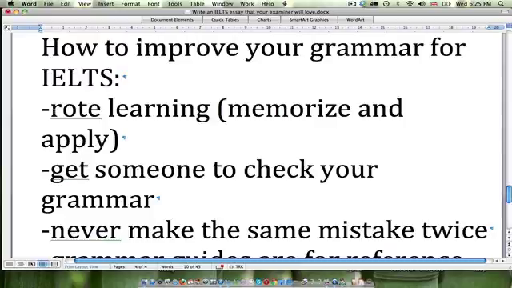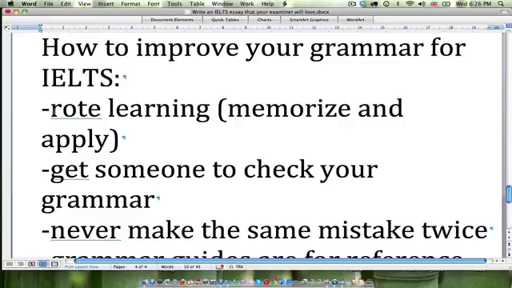And what I mean by this is you should be reading Band 9 essays and memorizing the punctuation, memorizing the grammatical forms, memorizing the vocabulary that's used and how it's used, and what kind of words are used. Memorizing the way that the sentences are structured. All of these things, memorizing.